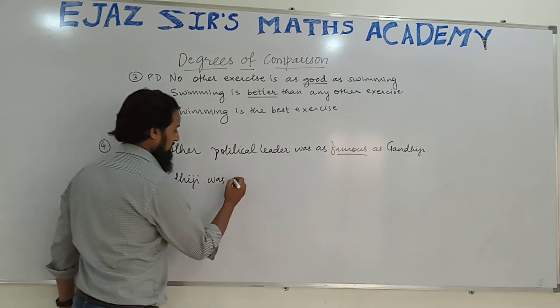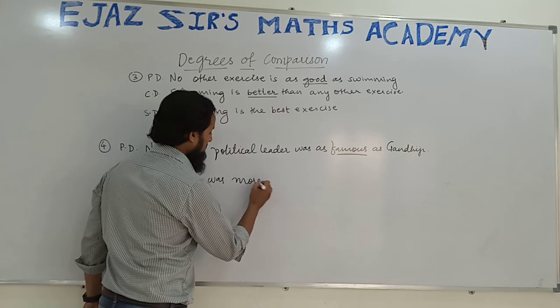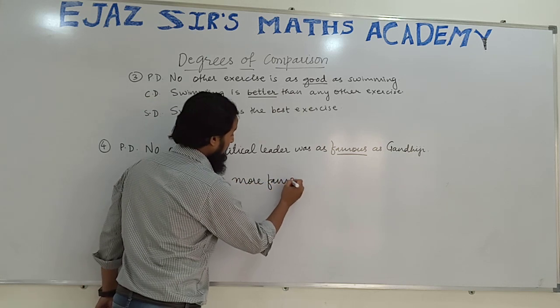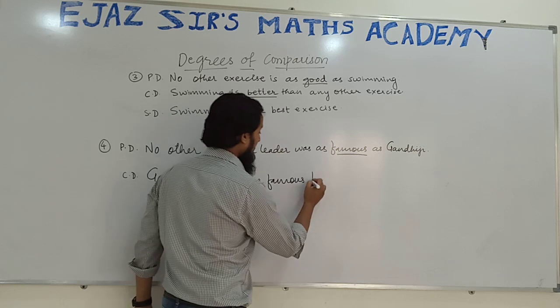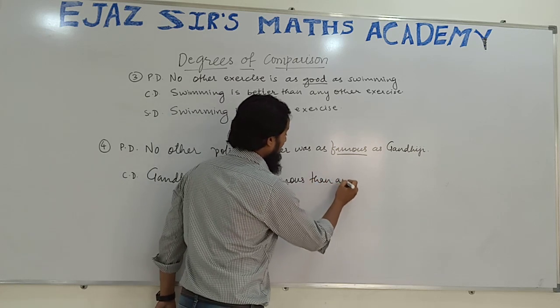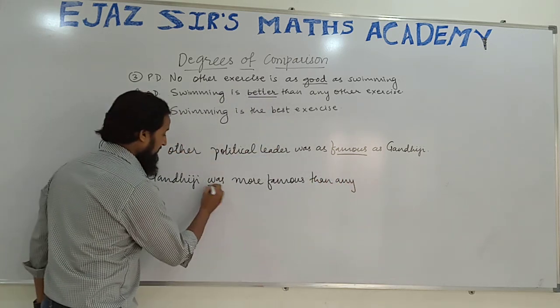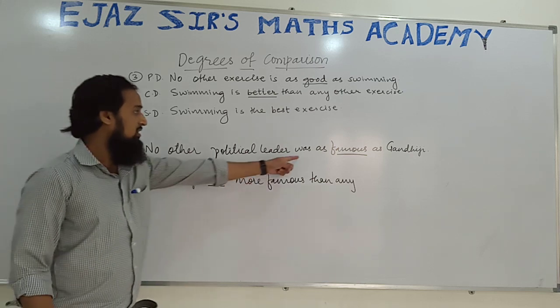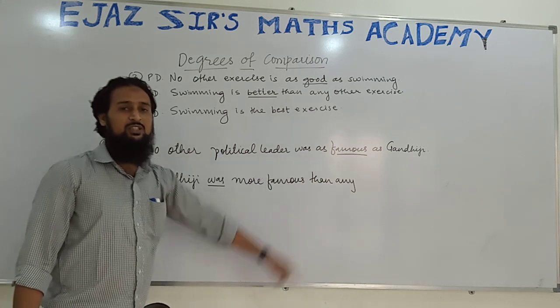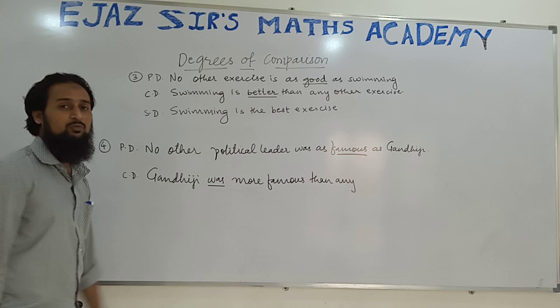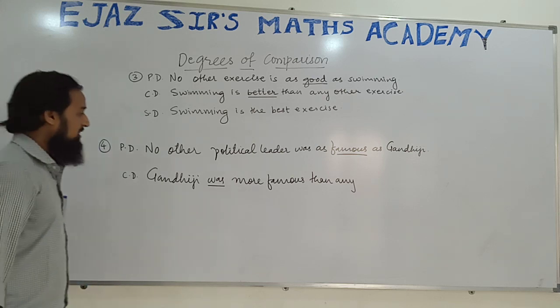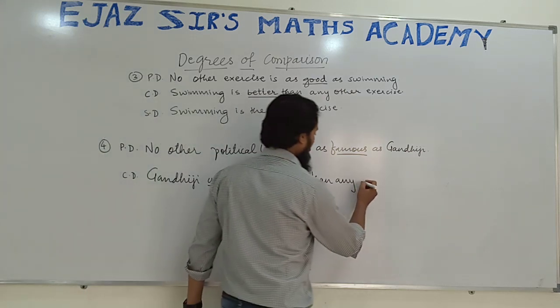Gandhiji was more famous than any other political leader. See, we are writing was here because in the question it's was. The question is in the past tense, so our answer also will be in the past tense.